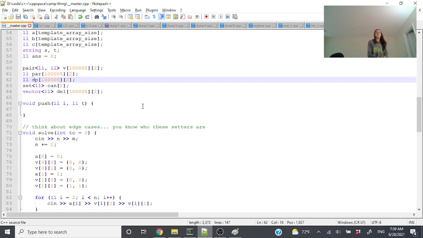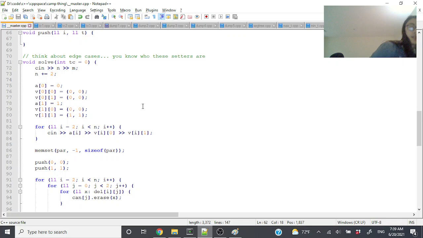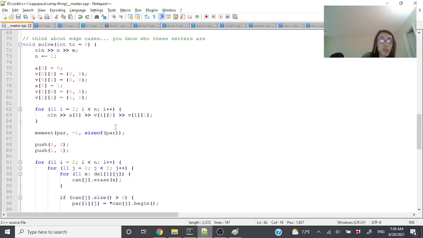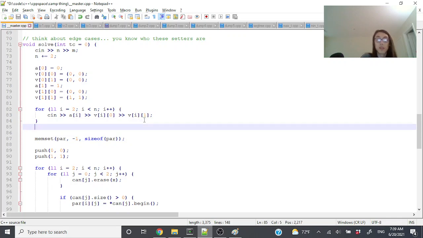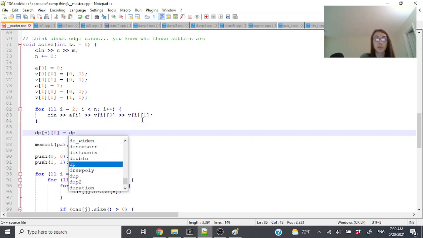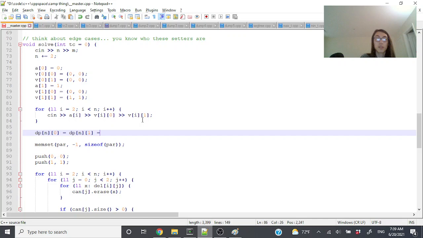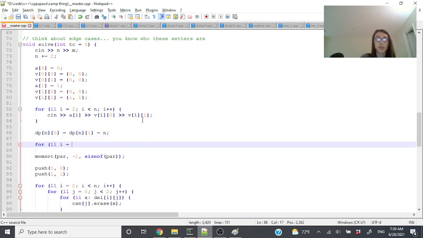This actually isn't that bad. So dp[n][0] is equal to dp[n][1] is equal to n. i equals n minus 1, i is equal to 0.